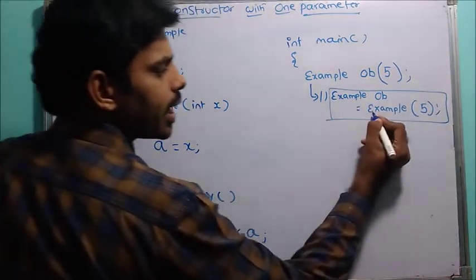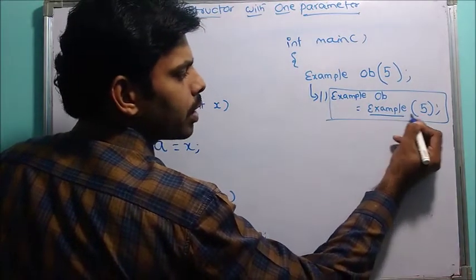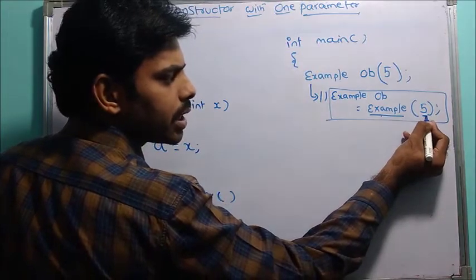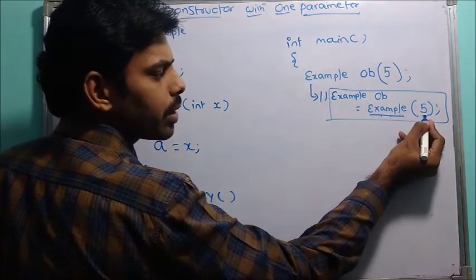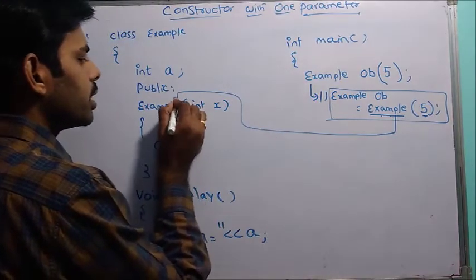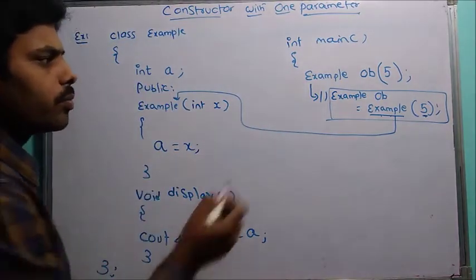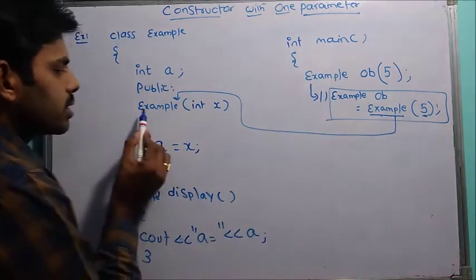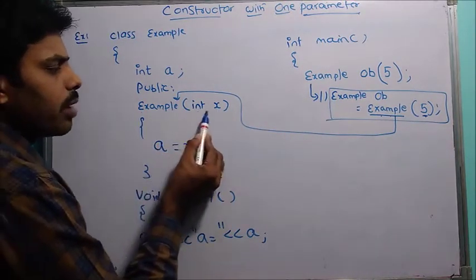So if you see this, example is the class name, and it is a constructor with one parameter. The control immediately passes to this statement. So example OB equal to example of 5. Here the parameter is 5.